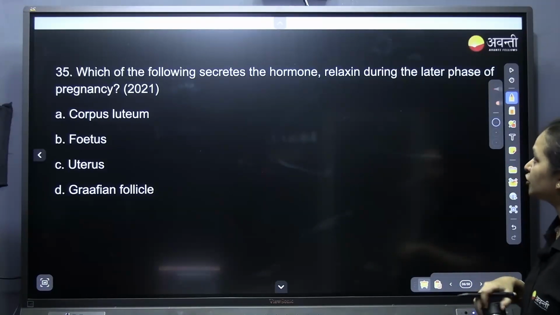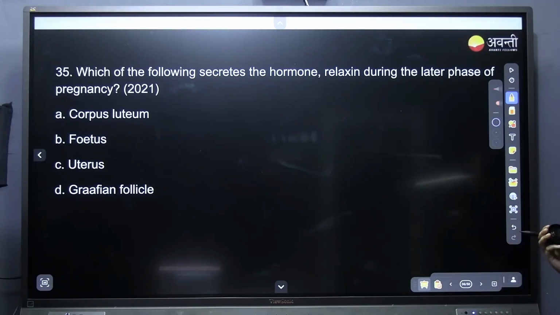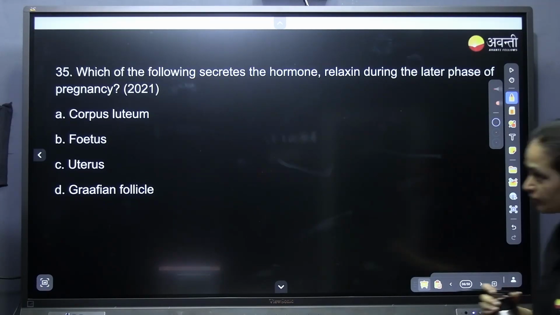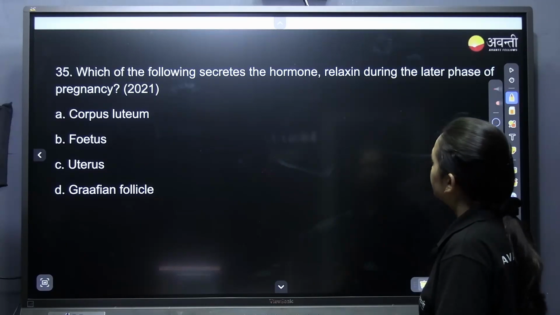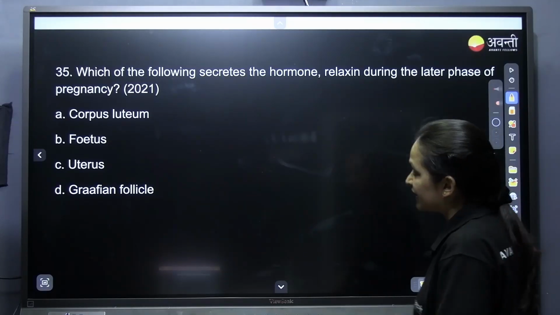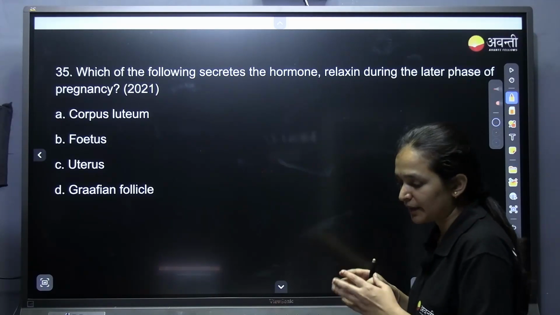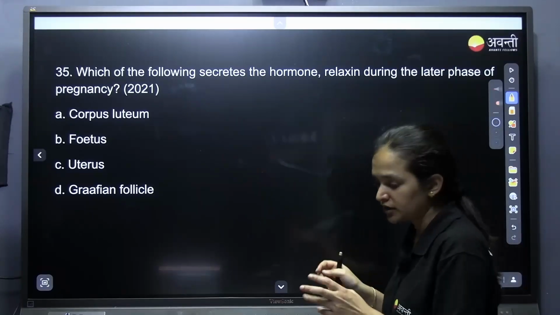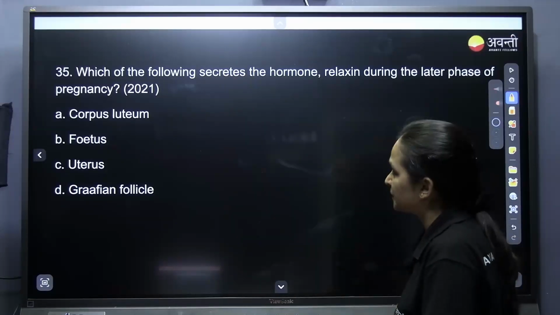Which of the following secretes the hormone relaxin during the later phase of the pregnancy? During the latest stage of the pregnancy, the relaxin hormone is released, which relaxes the pelvic symphysis, like relaxing the pelvic girdle bones for easy passage of the fetus, for the parturition.